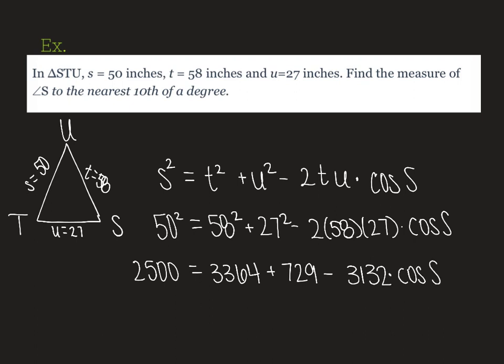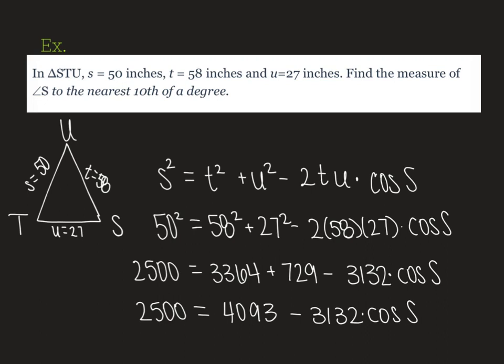So right now, we want to try to isolate that cosine of S. So to do that, we can add together our 3,364 and 729. So our next line looks like 2,500 equals 4,093 minus 3,132 cosine of S. So lots of big numbers in this problem.